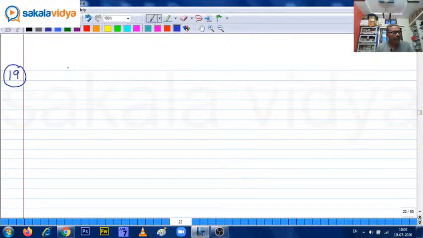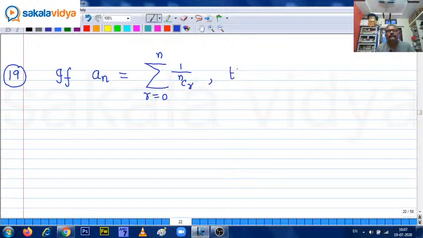Nineteenth. If an equals sigma r is equal to 0 to n, 1 upon nCr, then sigma r is equal to 0 to n, r upon nCr equals to?